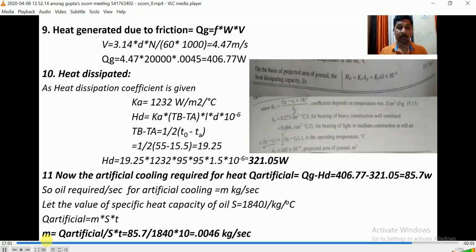That value you have to remember, because it is not given in the data book and it is also not given in your problem. In a journal problem this value is sometimes given, but as it is not given here, you have to remember that the specific heat capacity of the lubricating oil ranges from 1840 to 2100 joule per kg degree centigrade.